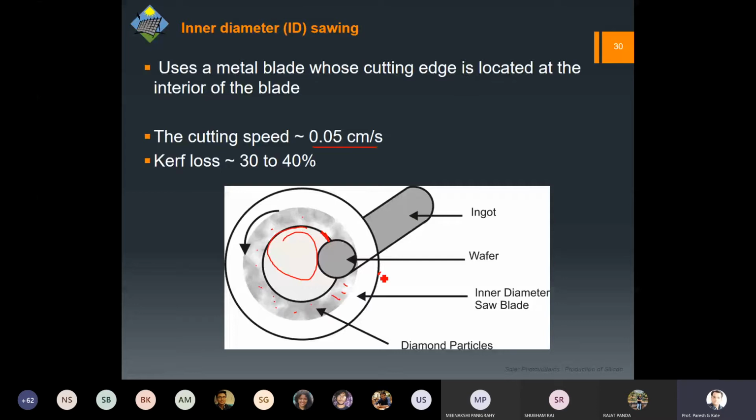We can go too fine, but as we go too thin, the strength of that blade would decrease, right? So there is a physical limitation. And due to this inherent thickness, this cutting would result in some material loss.